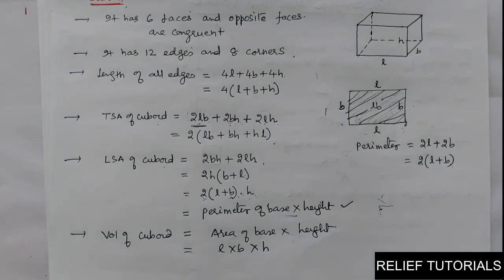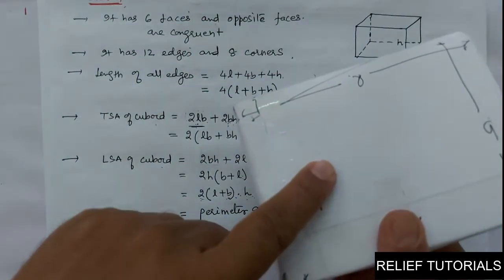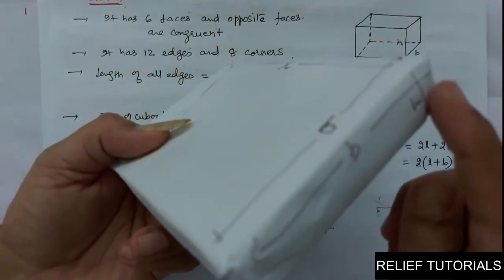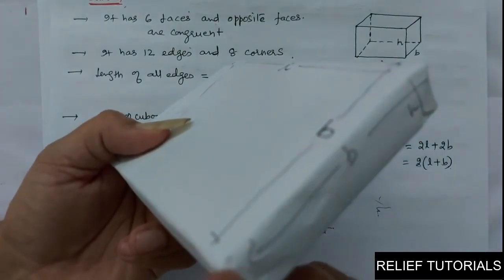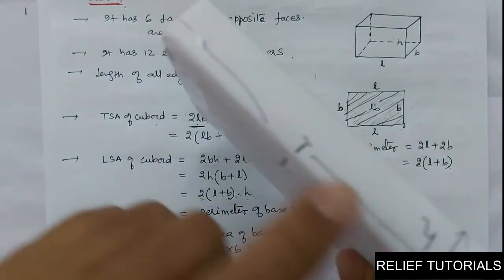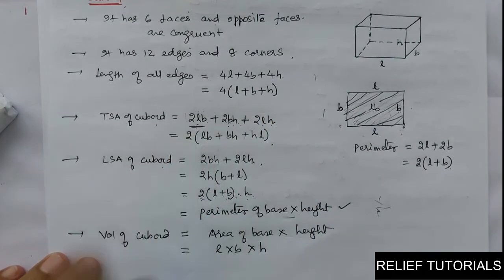The top is LB, the bottom also LB, so 2LB. BH is the area of one face and the opposite face also BH, so 2BH, and 2HL. So 2LB, 2BH, 2LH, 2 common, and you get the total surface area.